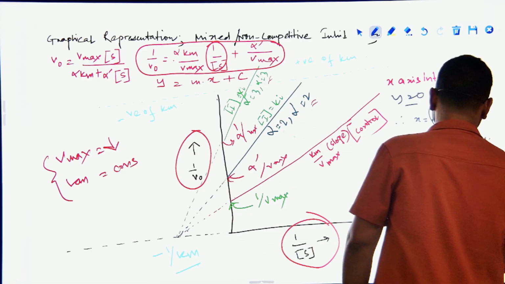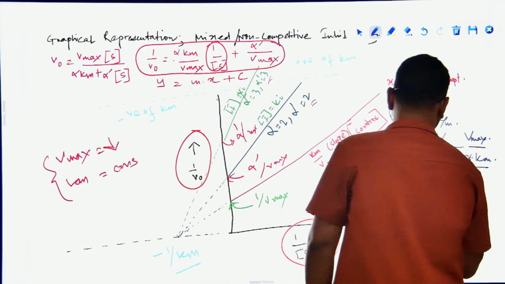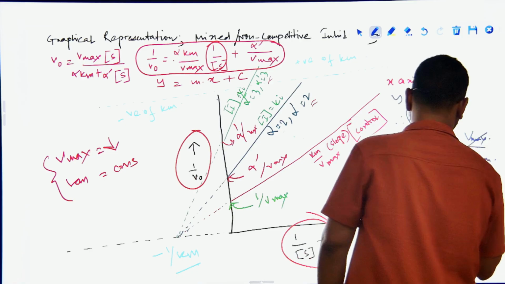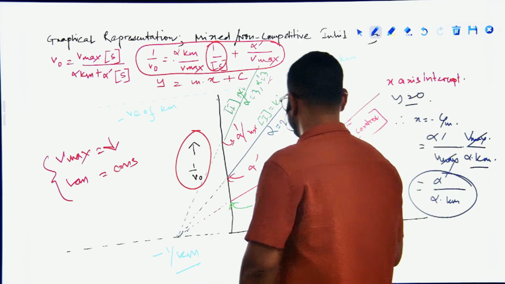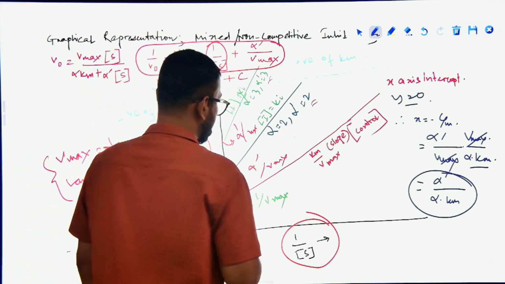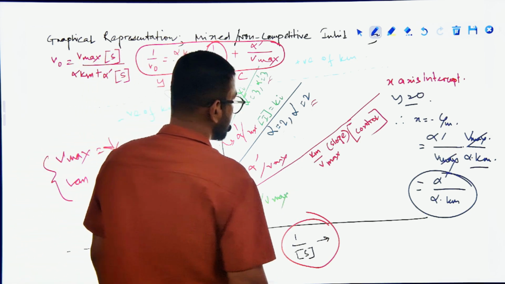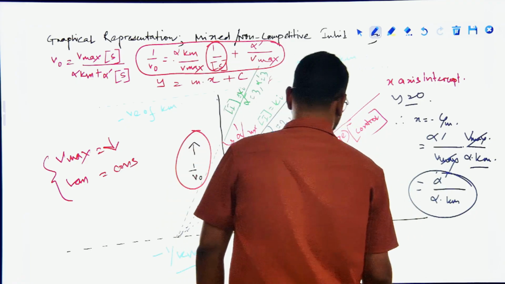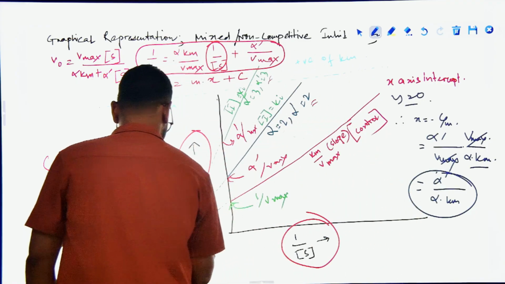So Vmax cancels out, and it is alpha dash divided by alpha into Km. This is our x-axis intercept.